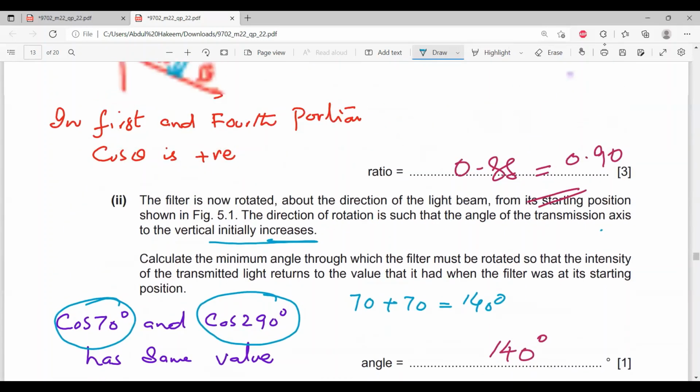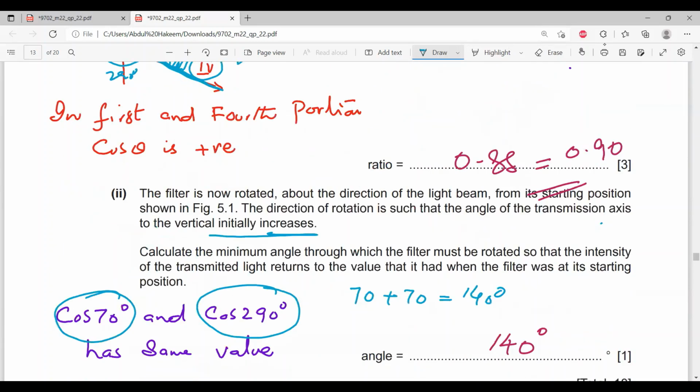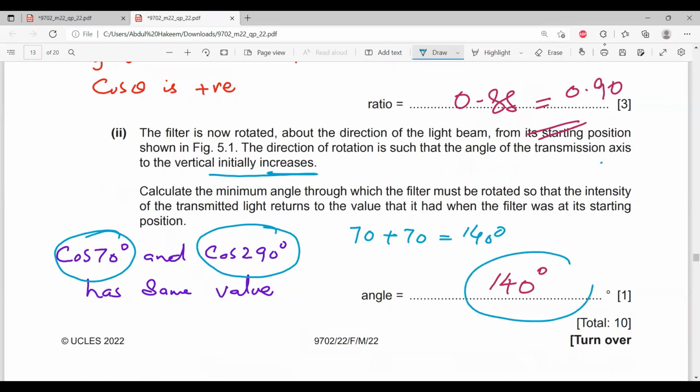Here, the angle is measured from this axis, so it's 70. Now, when we rotate it like this, 290, we will get the same value of the amplitude. So we have to rotate in this direction because we have to increase this angle. This is 70, this is 70, so 70 plus 70 means we have to rotate it by 140 degrees clockwise to get the same intensity ratio, or the same intensity.